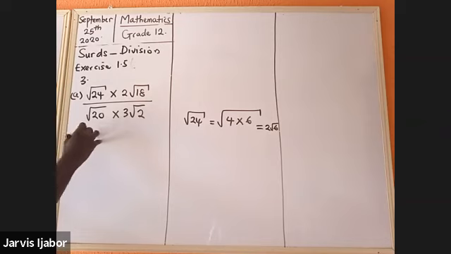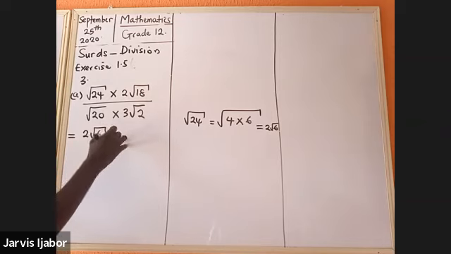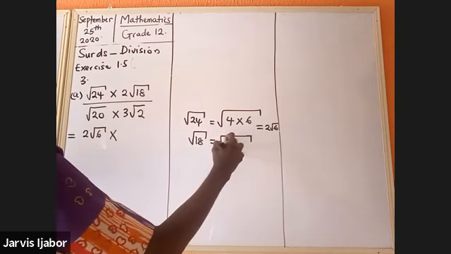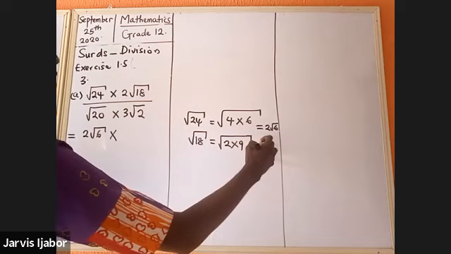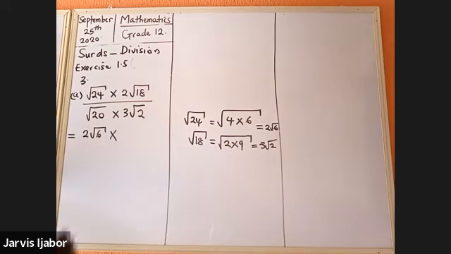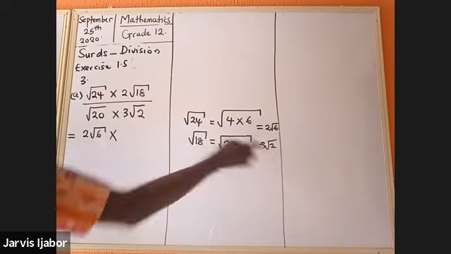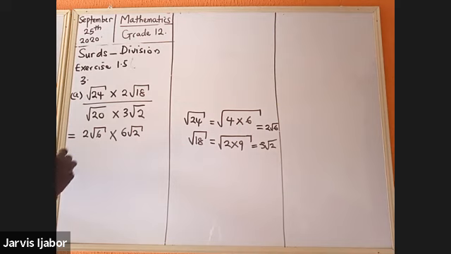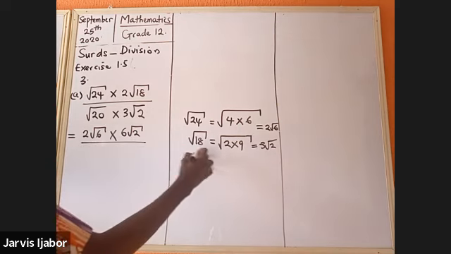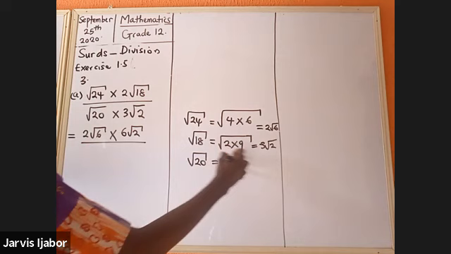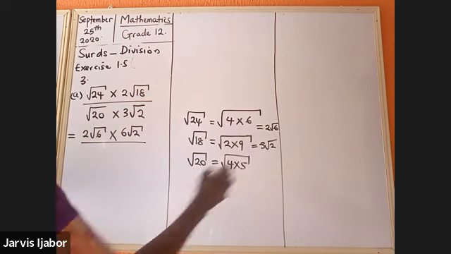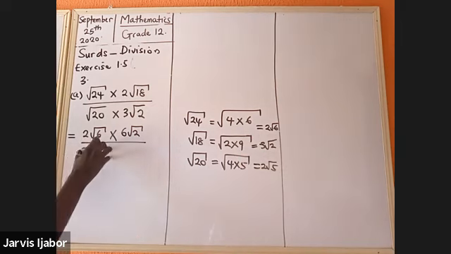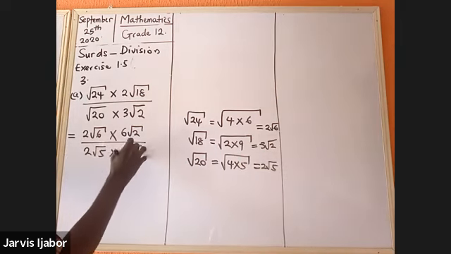So here will be 2 root 6 times, we look at root 18, and that will be 9 times 2, and that will be 3 root 2. Are you seeing that? So 3 root 2 times this 2 will give me 6 root 2. Now, over the square root of 20 will be 4 times 5. So this will be 2 root 5. That will be 2 root 5 times 3 root 2.